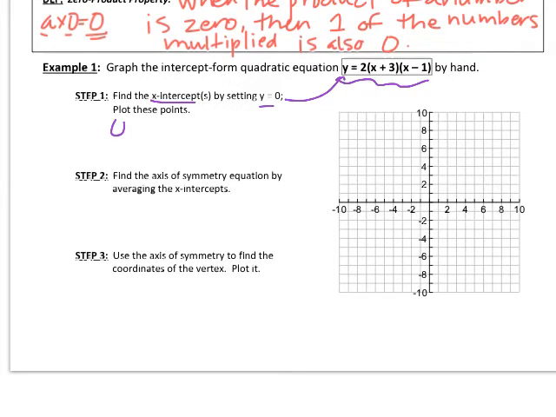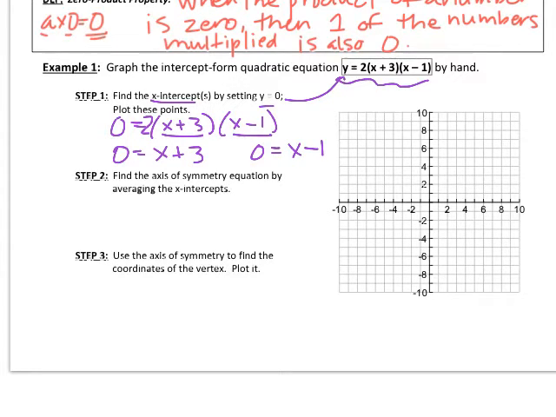So we're going to say 0 equals 2 times x plus 3 and then times x minus 1. Sorry, I forgot the a value, which is 2. We're going to set both of these binomials equal to 0. So 0 equals x plus 3 and 0 equals x minus 1.